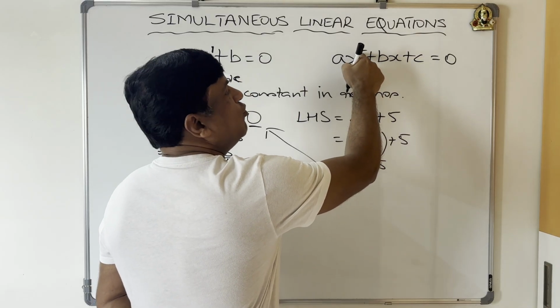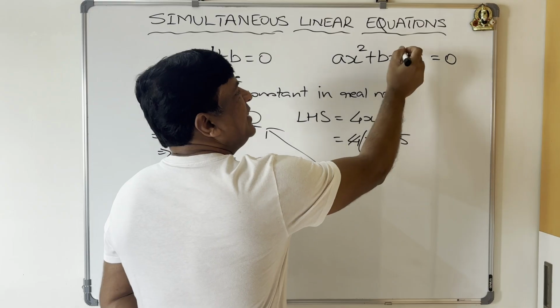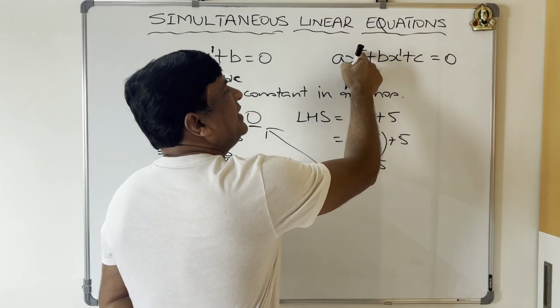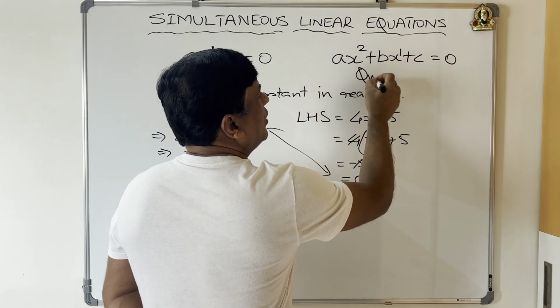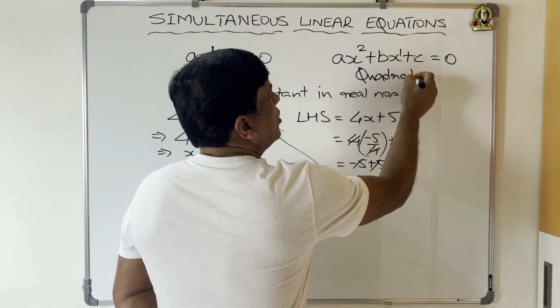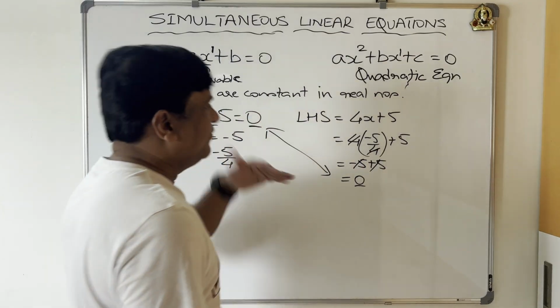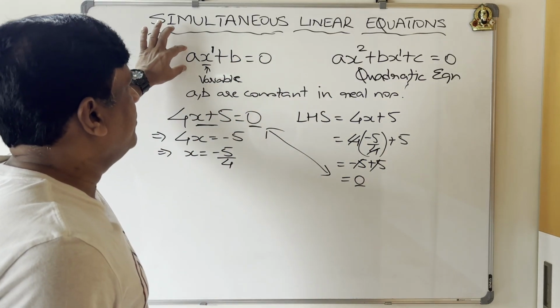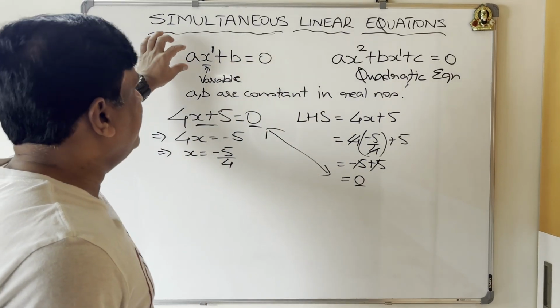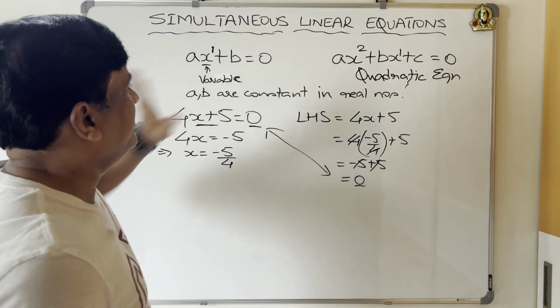Though it has a degree of 1 in one term, the highest degree is 2. This is known as a quadratic equation. You're going to study this further, so let's limit this class to linear equations for the time being.